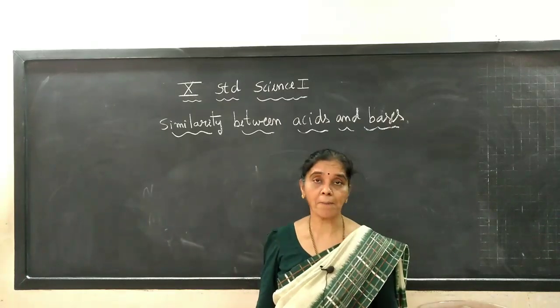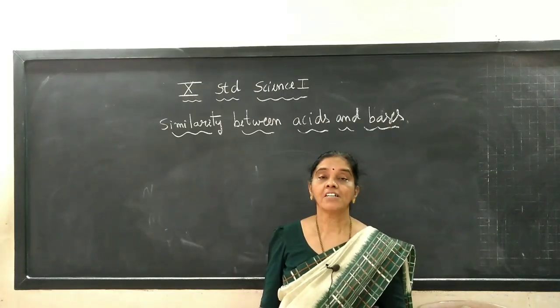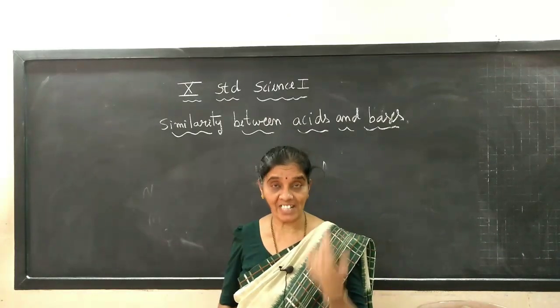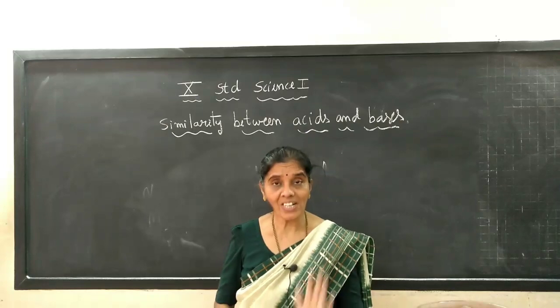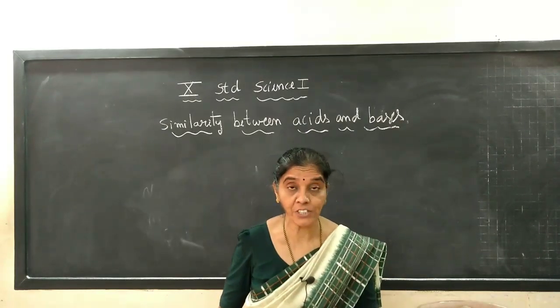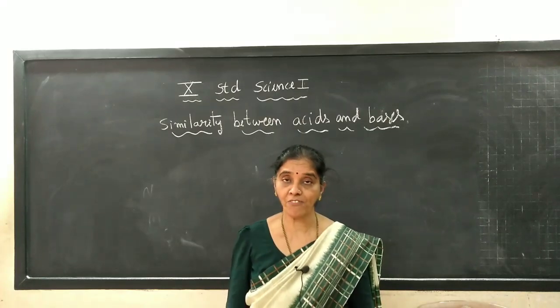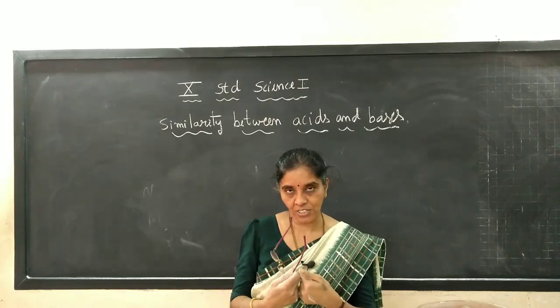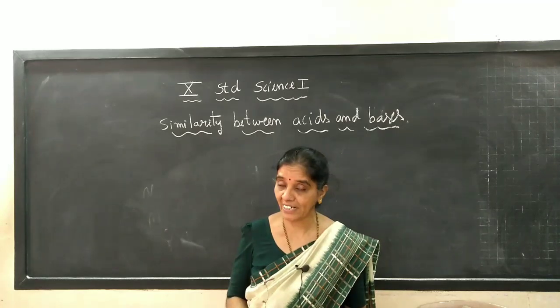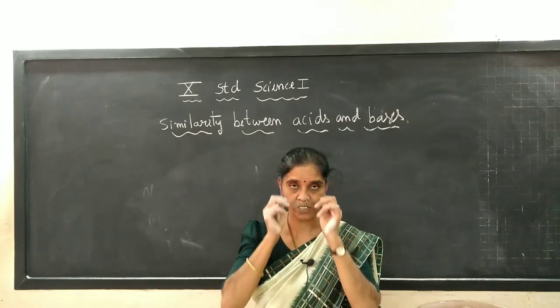Children, always remember, having hydrogen ion, or acidic character, is possible only in water. If there is no water, it won't break into hydrogen ion. The ions will be held together in a bond, it won't break, and it won't show acidic character, it won't conduct electricity.